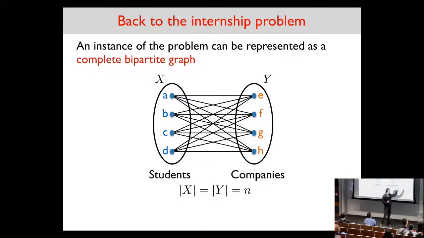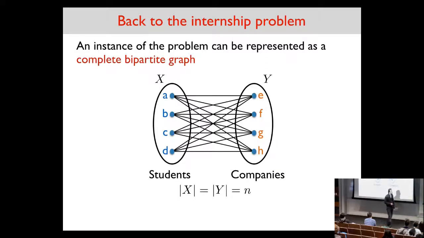X represents the students, Y represents the companies. We're going to assume, as a simplifying assumption, that X and Y have the same size, let's call it N. And we put all possible edges, meaning every student is potentially interested in every company, and every company is interested in every student.